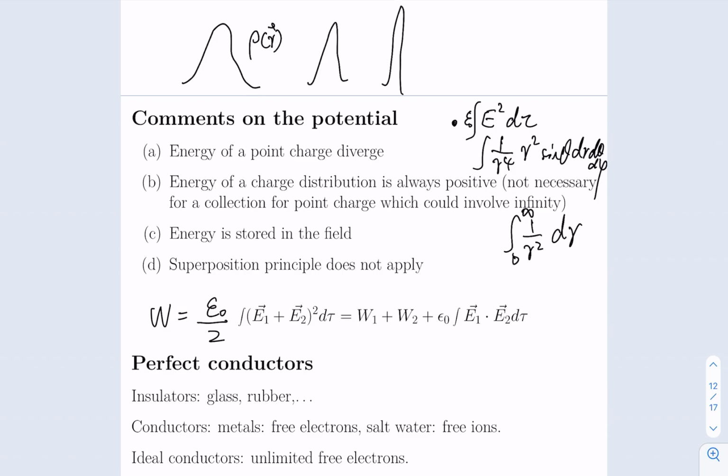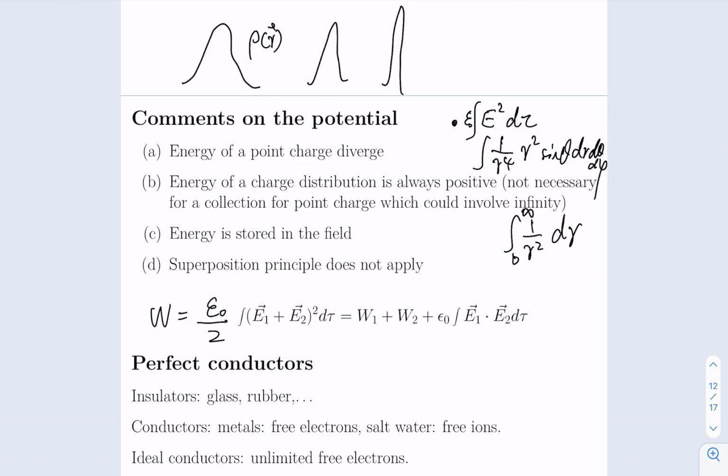And in this process, you actually need to pay an infinite amount of work to fabricate this delta function. So this delta function is really not quite physical, but is a mathematically powerful tool for us to understand.